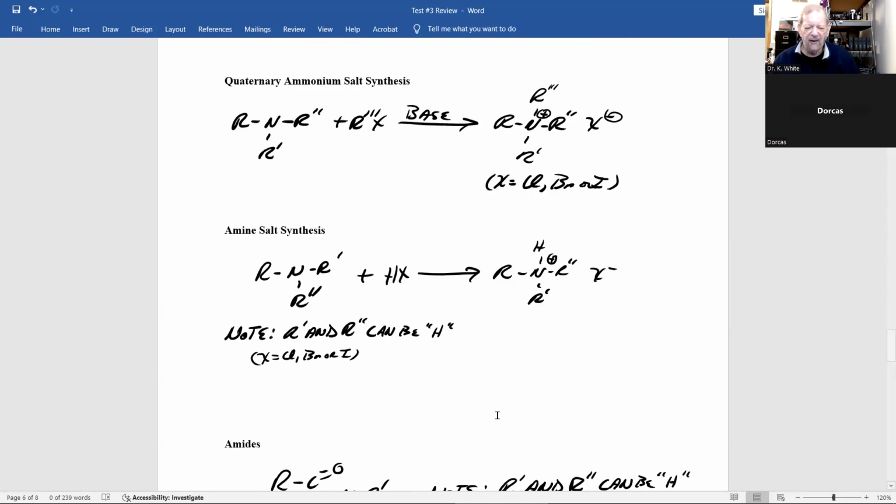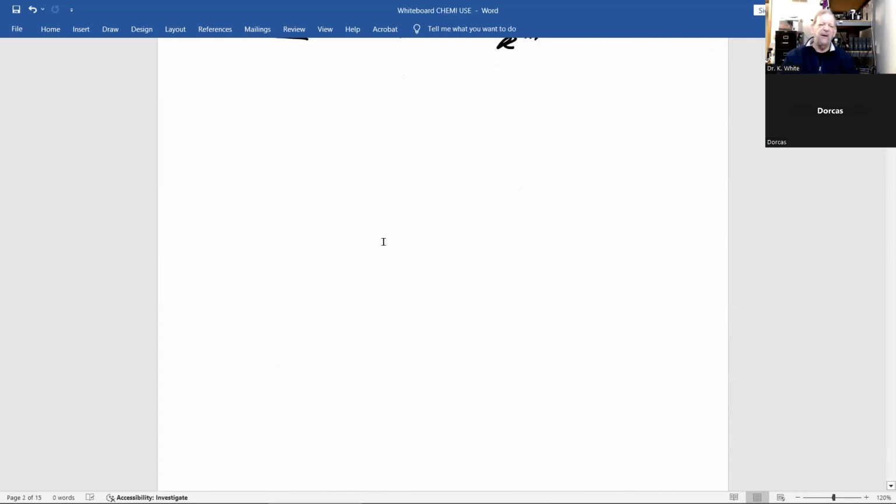Now, before I move on, let me just talk about something that is a little different with amines. This is dimethylamine. I can write it this way, but remember, organic chemists are lazy. And an easier way, when you have two or more of the same group on the nitrogen, you can put them in parentheses, and this tells you how many there are, 2, and this is the same thing.